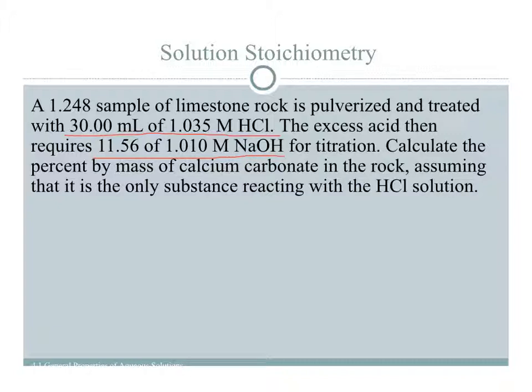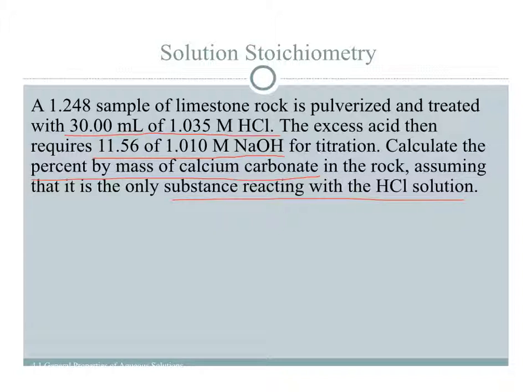So they used a bunch of acid on this pulverized limestone sample, 1.248 grams it was, and the extra acid, the excess that was not used, was neutralized using 11.56 mL of this NaOH. They want you to calculate the percent by mass of the calcium carbonate in the rock, assuming that it is the only substance reacting with the HCl.